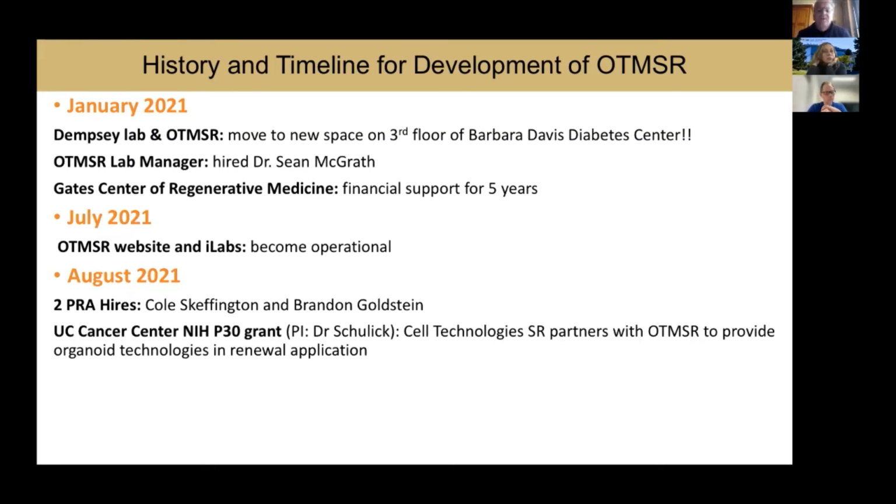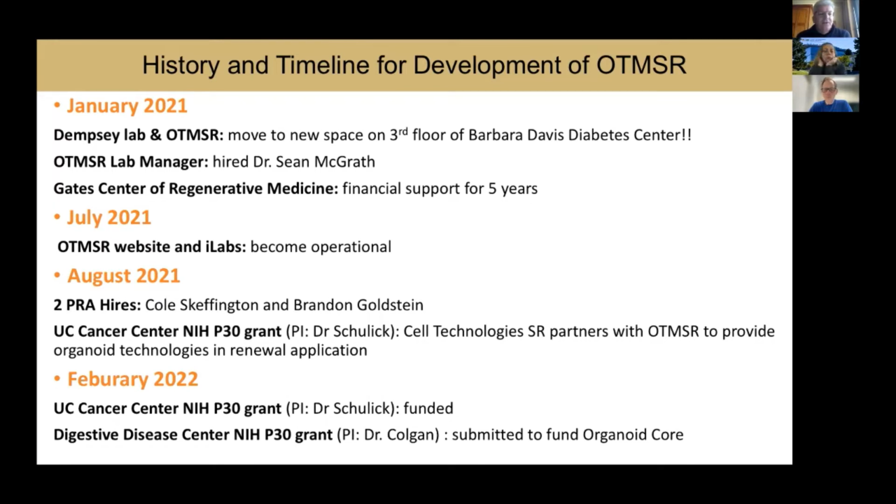That's when we also started partnering with Steve to provide organoid technologies for the cell technology shared resource as well. And then in 2022, the Cancer Center P30 has been funded, and we've also submitted a digestive disease P30 with Sean Colgan that will hopefully replace the transformational grant.